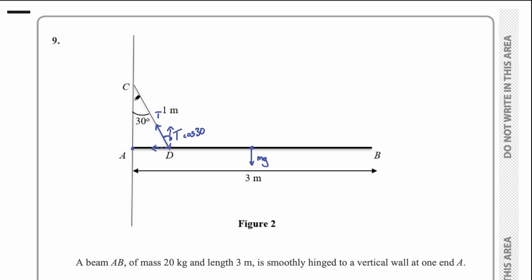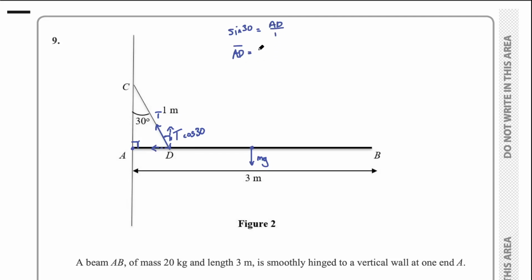So this distance in here, AD, let's have a look at that. What is that going to be? Well, this is the hypotenuse of this right angle triangle, because this is a right angle, as they told us, and that's 1 meter. If we use our trig ratios, sine of 30 would be opposite over hypotenuse, AD over the hypotenuse, which is just 1.